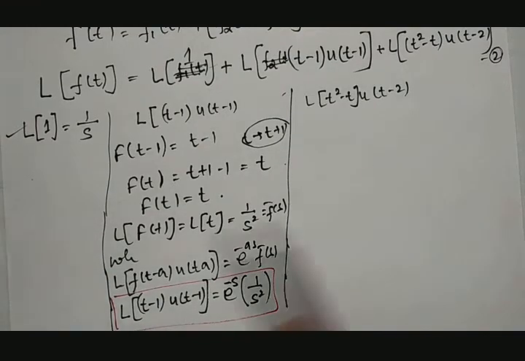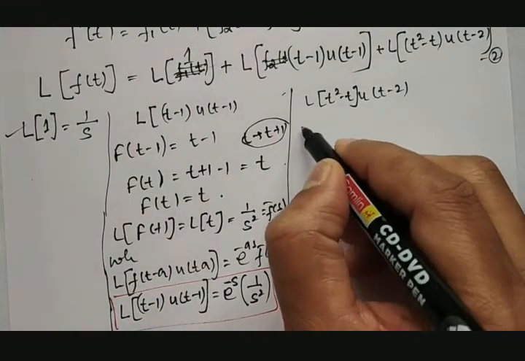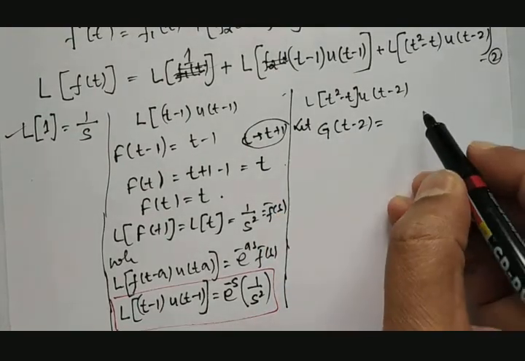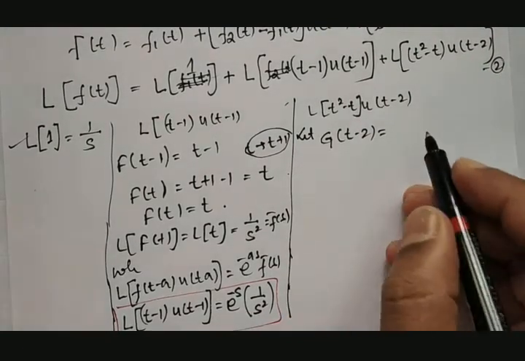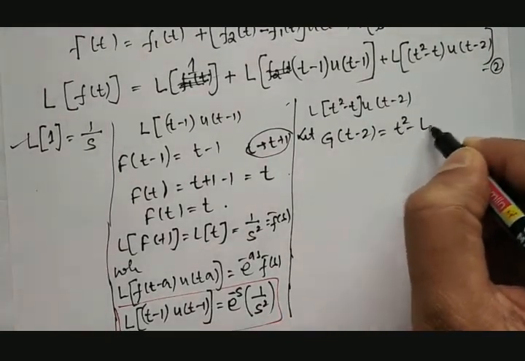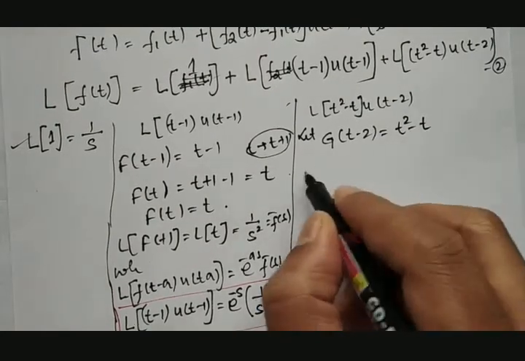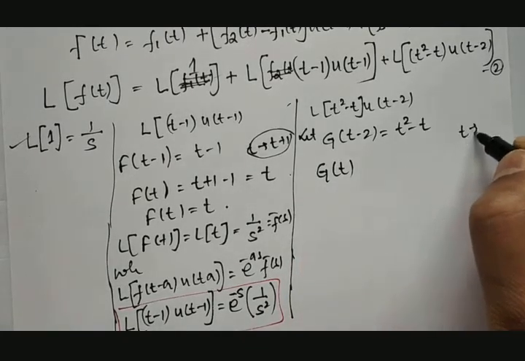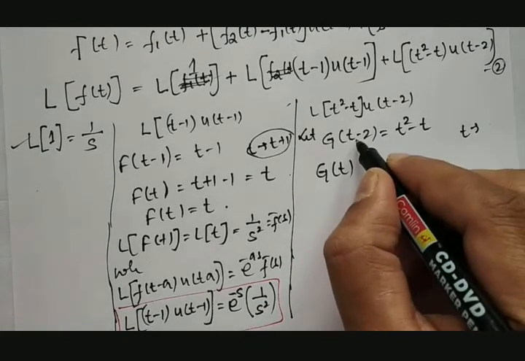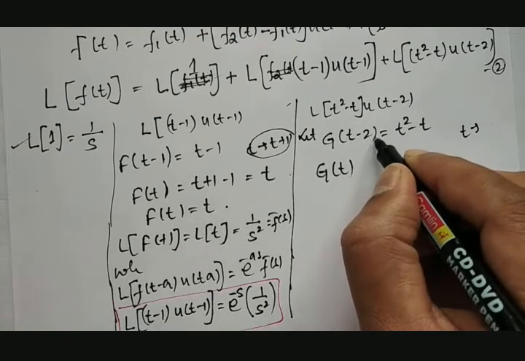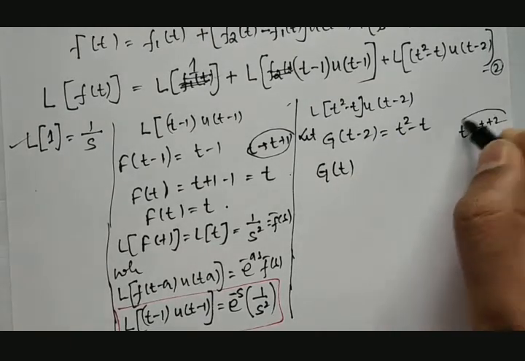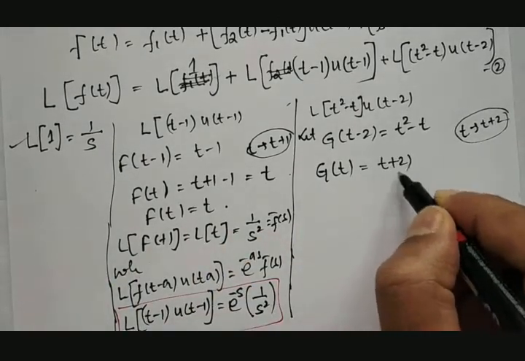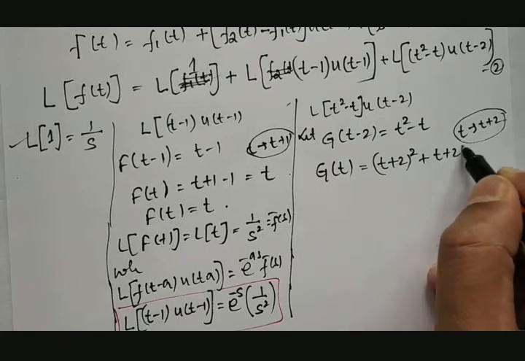Similarly, we will be taking this result. Here, let us consider this as g of t minus 2. What is g of t minus 2? G of t minus 2 is equal to t square minus t. Therefore, to make it g of t, it is t minus 2, so we have to replace t by t plus 2. Therefore, g of t is equal to t plus 2 the whole square plus t plus 2.